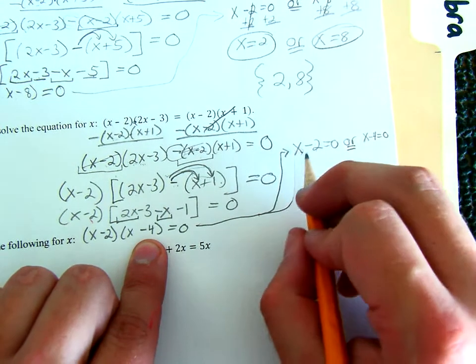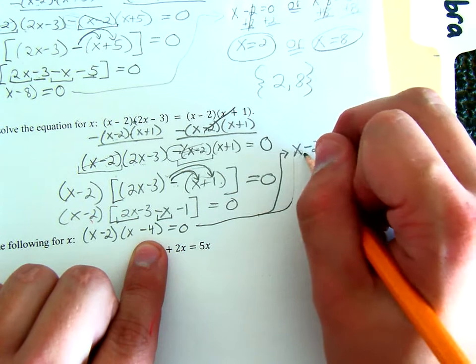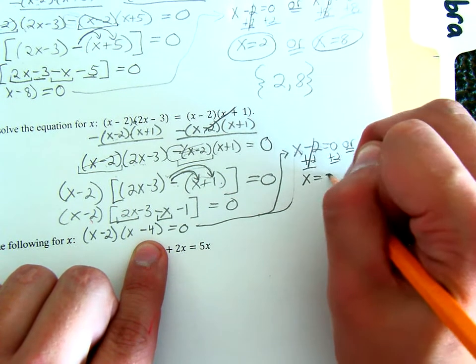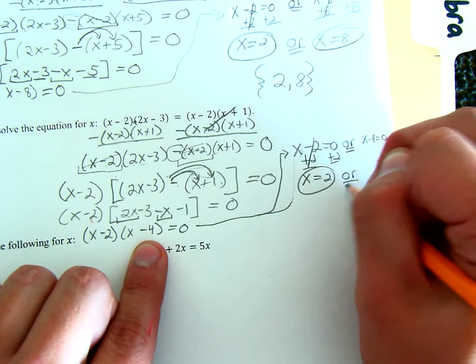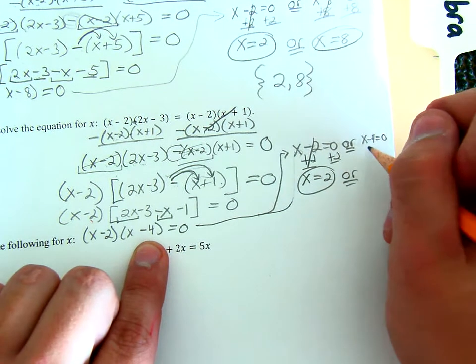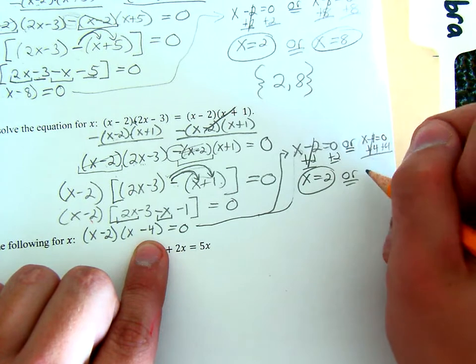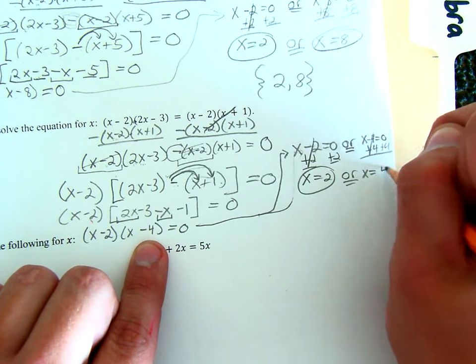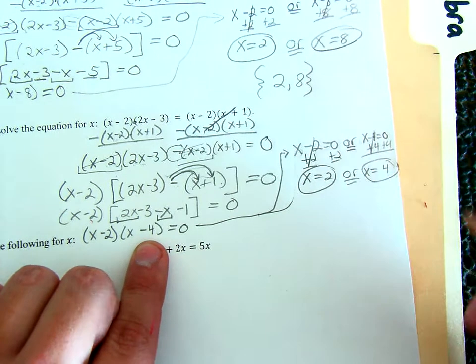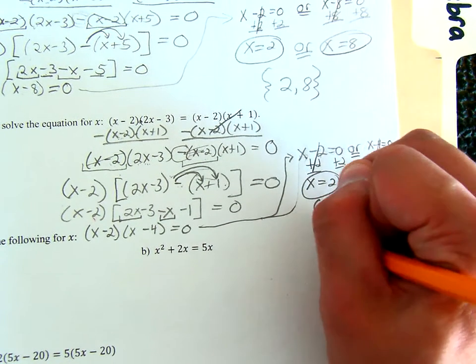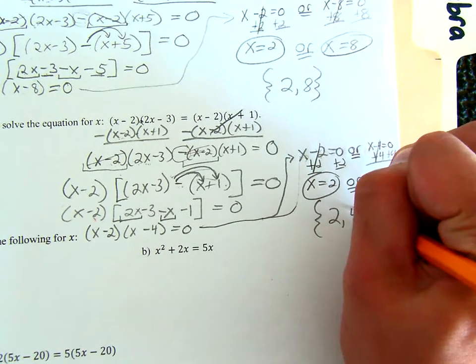So if we have x minus 2 is equal to 0, we're going to add 2, so we get that x is equal to 2, or we'll have x, so we're going to add 4 on both sides, add 4, so we get that x is equal to 4. So we have x is equal to 2, or x is equal to 4, so our solution set is going to be 2, 4.